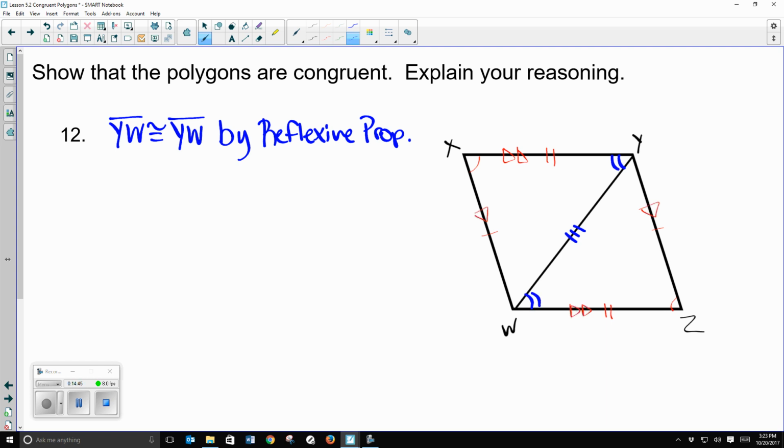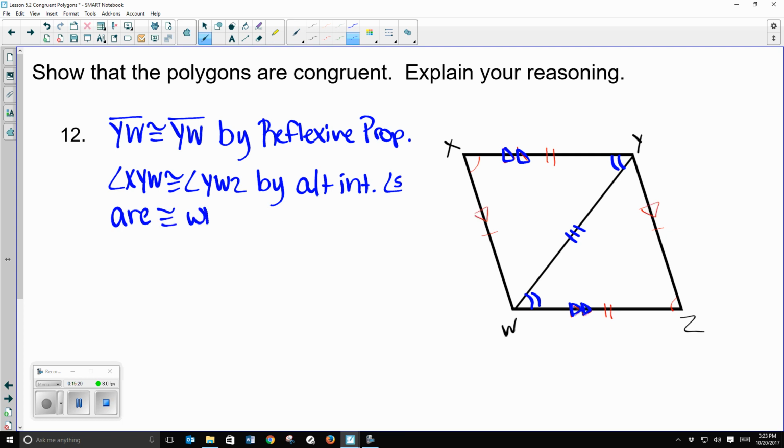Since this line is parallel to this line, we have parallel lines cut by a transversal, and those are alternate interior angles. So we know that angle XYW is congruent to angle YWZ, because alternate interior angles are congruent when lines are parallel.